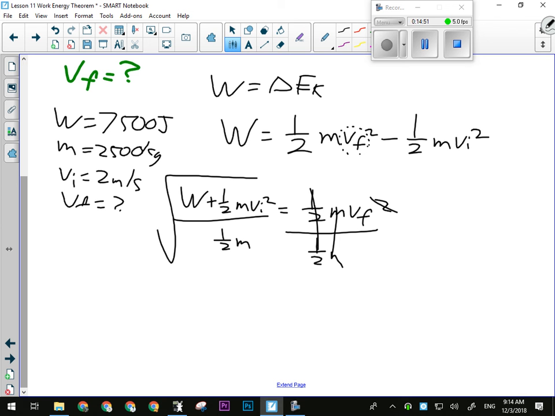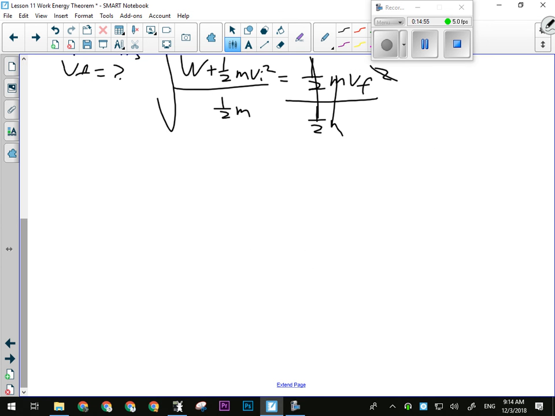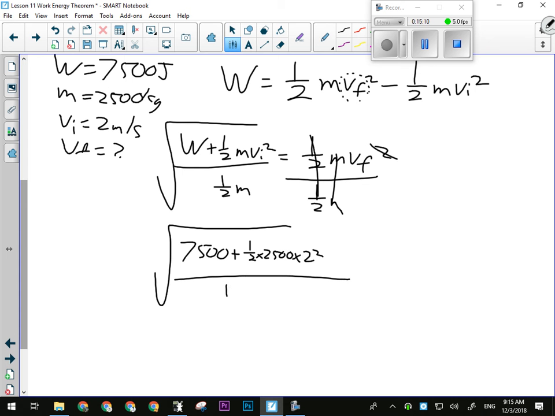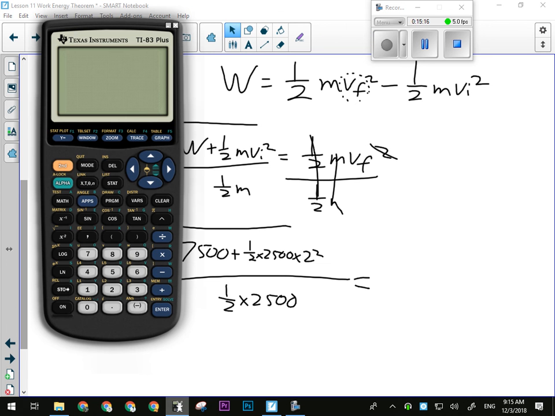Now I just need to plug in my numbers. I was told the work was 7,500 joules. I'm adding that to the initial kinetic energy, so 1/2 times 2,500 times 2 squared, divided by 1/2 times 2,500, all square rooted. That will give me my final speed.